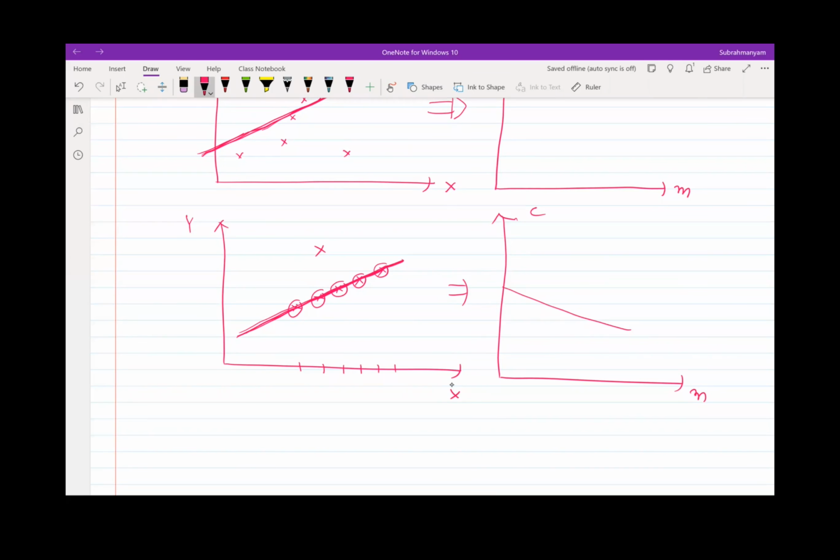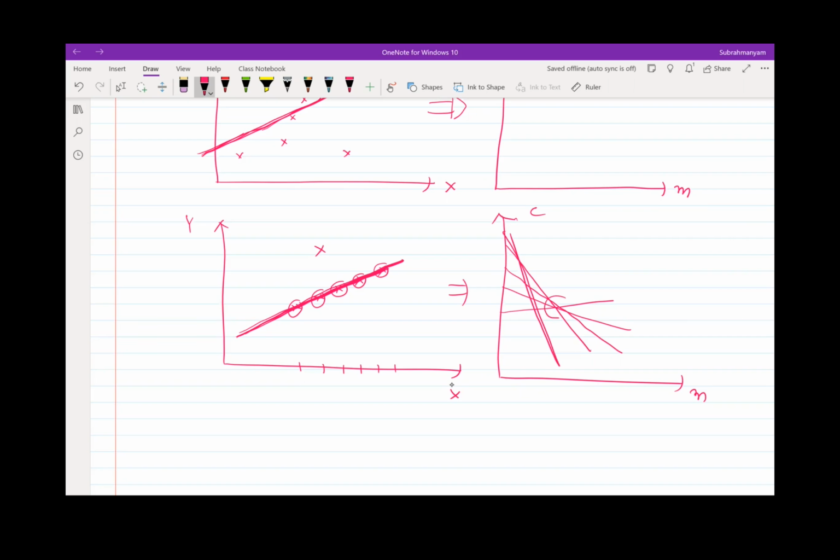Yet there is this line where it passes through all these things. And of course, there could be some other line, I could be wrong, but something like this could be there.